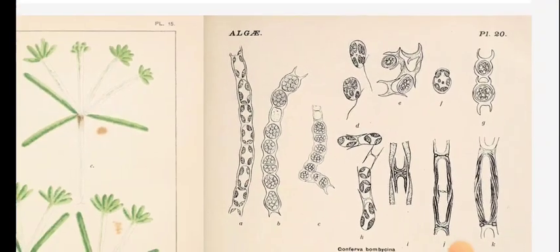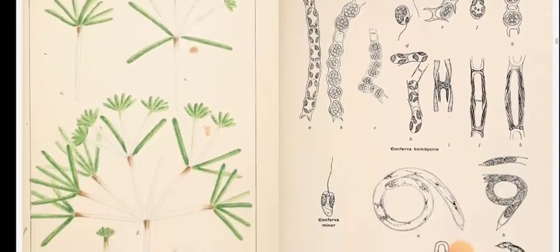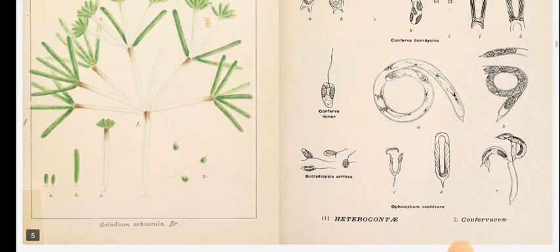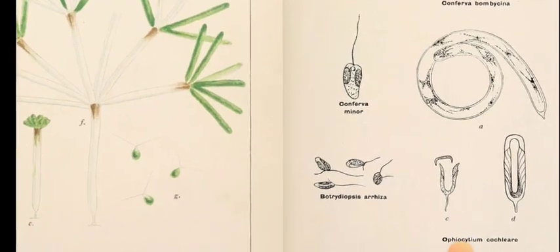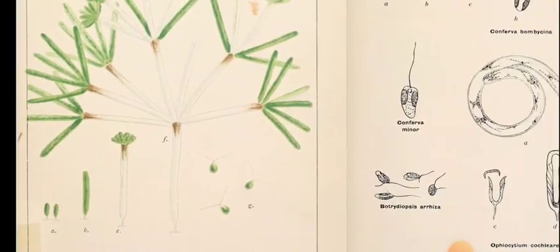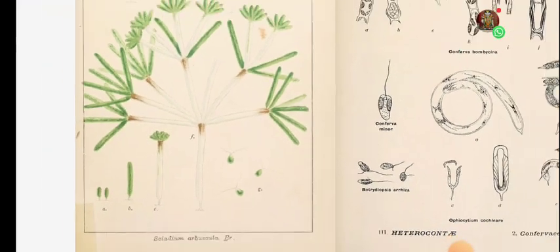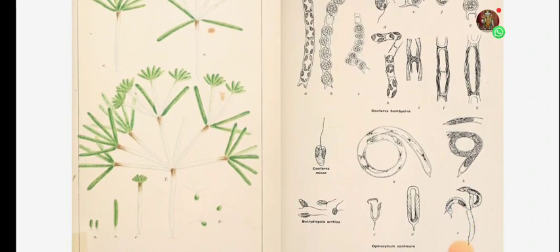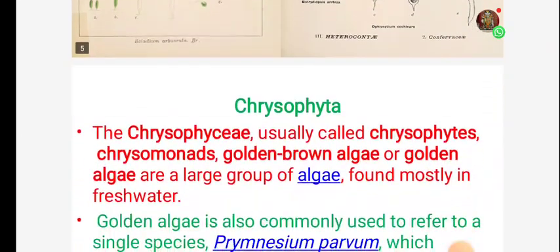Like this, we just have to remember all these genera. This is Botrydium arbuscula. Botrydium species show different structural or habit nature. They are commonly found in fresh water and also marine water. So this is the one part.